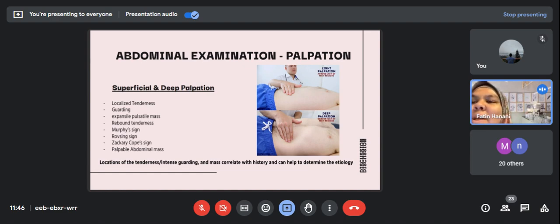So during the superficial palpation, we may look for any localized tenderness at the 9 abdominal region, and then we palpate at the furthest away from the patient, if the patient complain of any pain at the abdominal region, and then look for any guarding, any expansile pulsatile mass, which is indicative of aortic aneurysm, any rebound tenderness, which is indicative of peritonitis, and then Murphy sign for acute cholecystitis that I will be explaining later, and any Rovsing sign, which is indicative of acute appendicitis, Zachary-Cope sign, and also any palpable abdominal mass during the deep palpation.